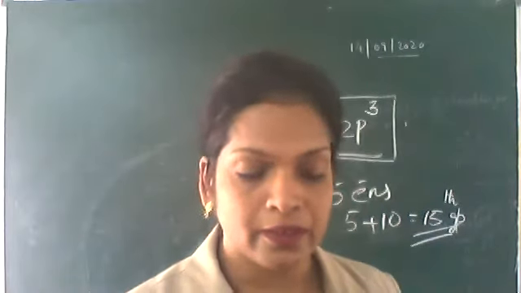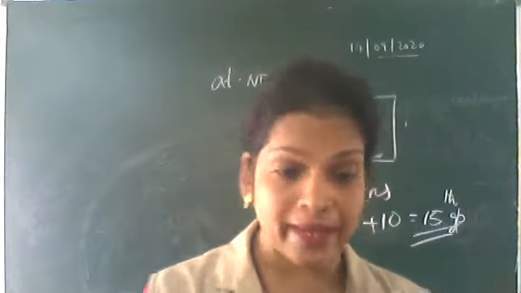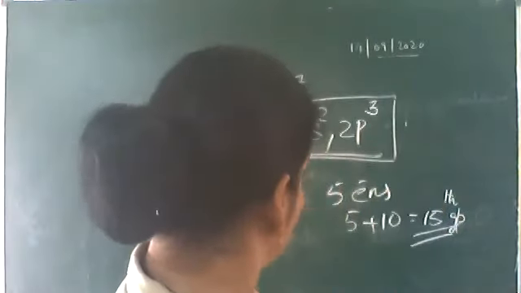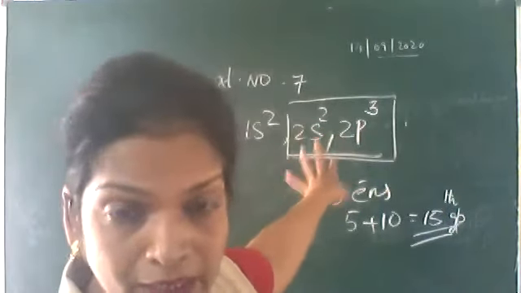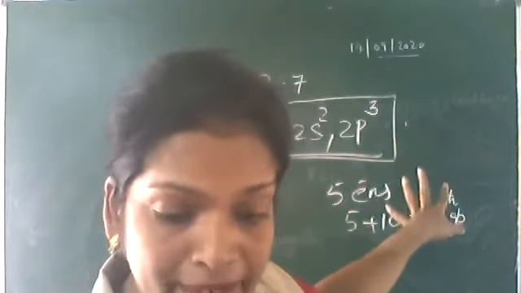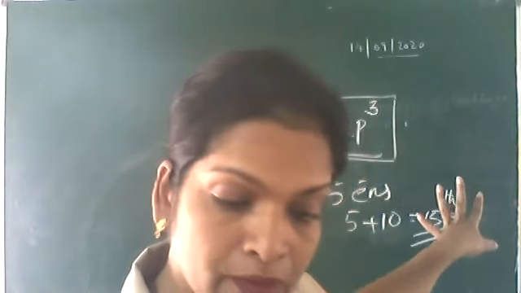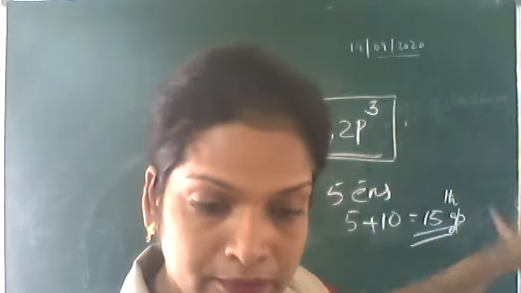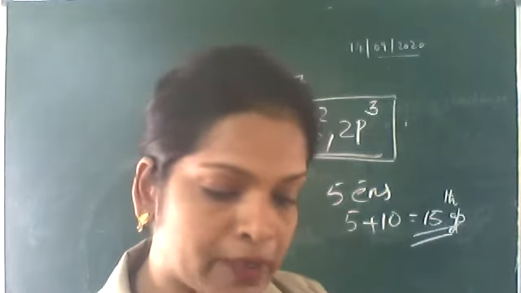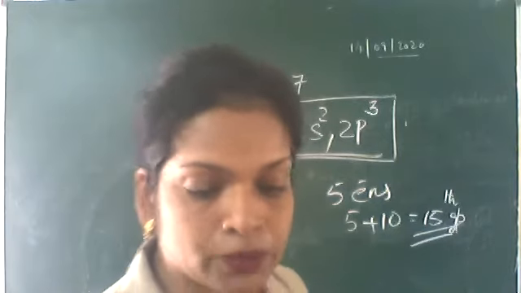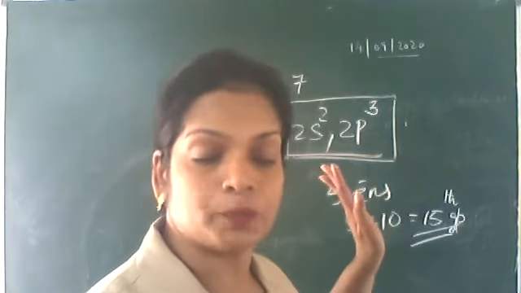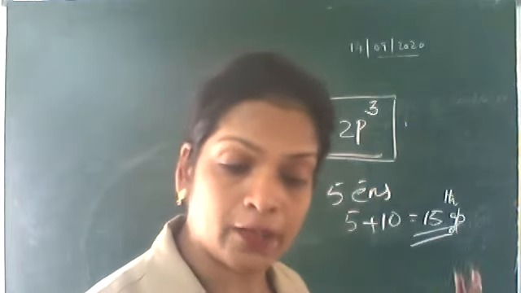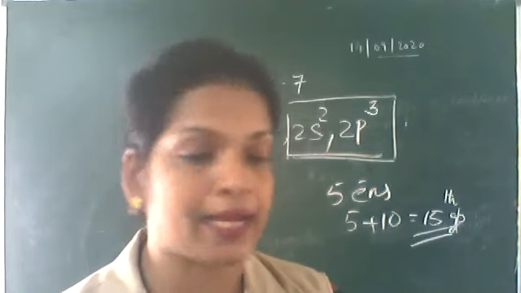Now, next point. If electrons are present in n-1 d also, in addition to those in the ns orbital, then the group number is equal to the total number of electrons present in the n-1 d orbital and the ns orbital.